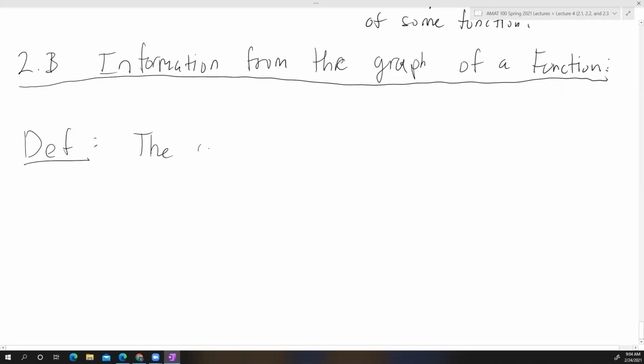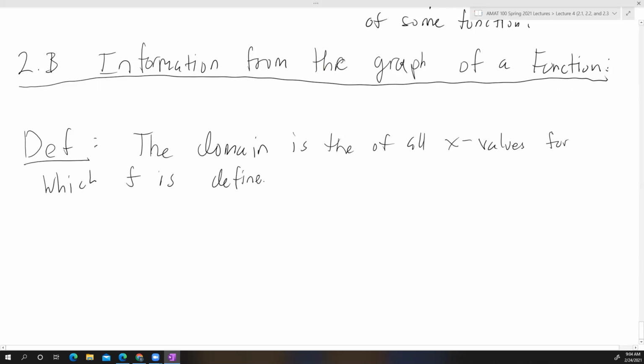So the domain is the set of all x values for which f is defined. So f is our function.